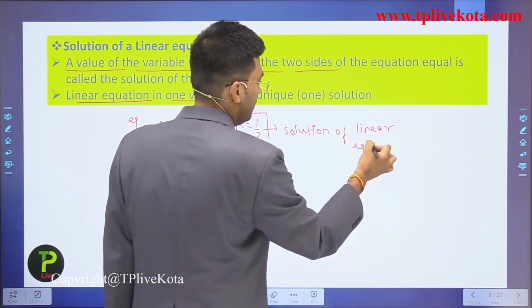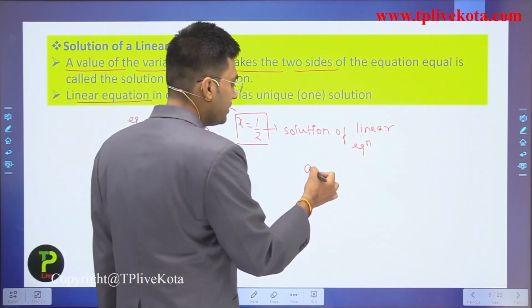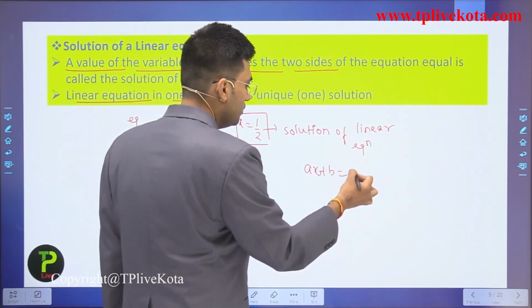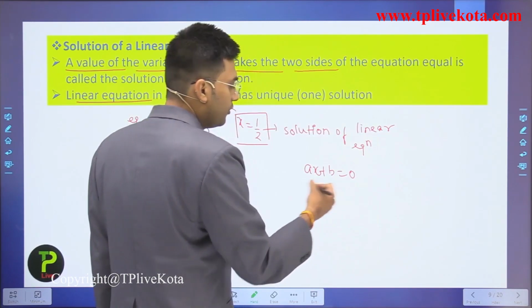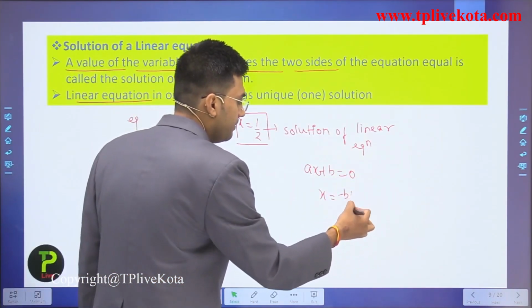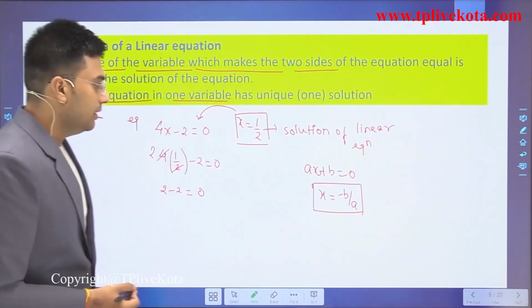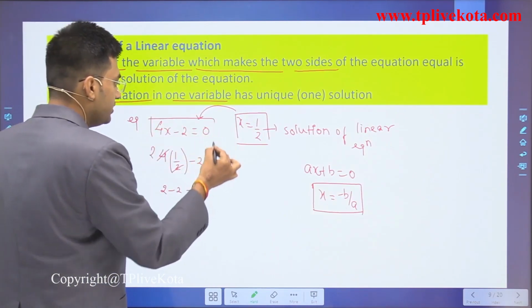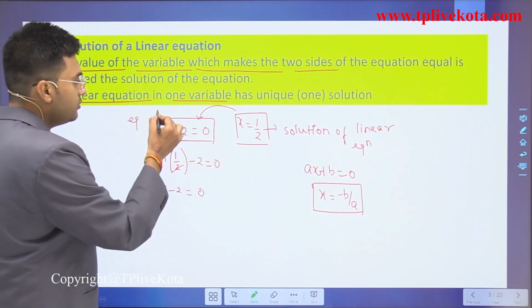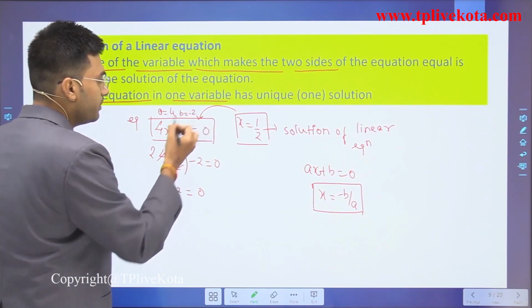And we know that for the standard form ax plus b equals 0, the solution is x equal to minus b divided by a. Here for this equation, a is equal to 4 and b is equal to minus 2.